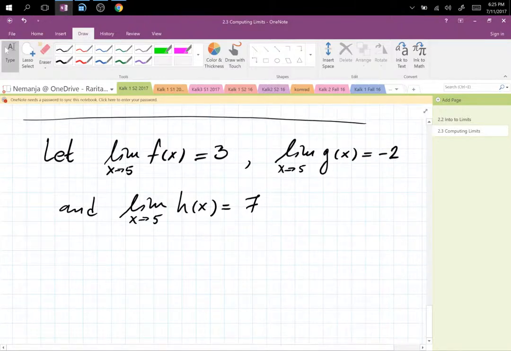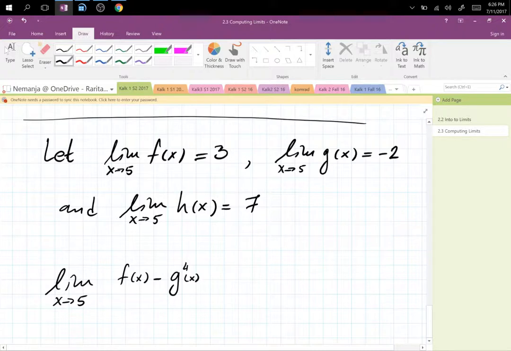So now the question is, what is the limit as x goes to 5 of f of x minus g of x to the 4th, divided by f of x squared plus h of x?